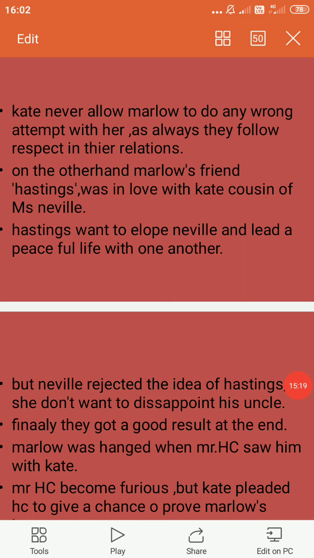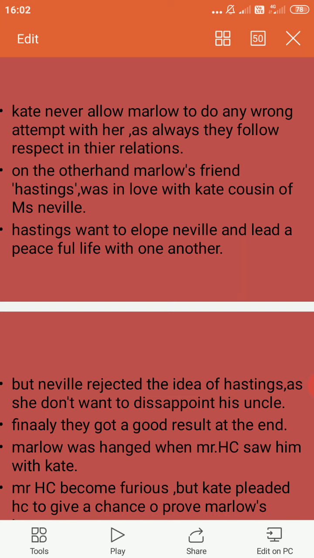On the other hand, Marlowe's friend Hastings was in love with Miss Neville, cousin of Kate and niece of Mrs. Hardcastle. Hastings wanted to elope with Neville and lead a peaceful life with her.